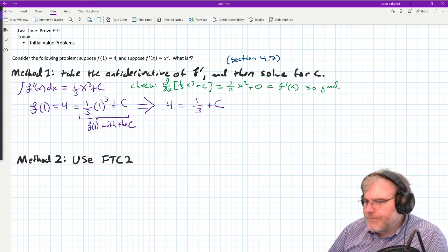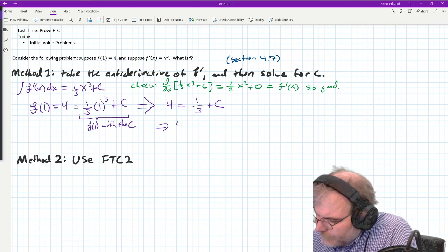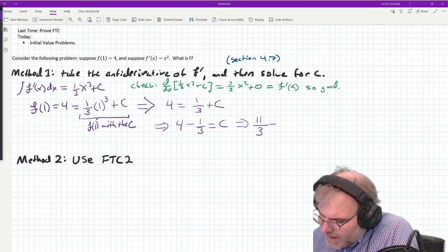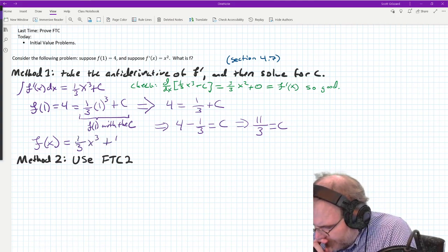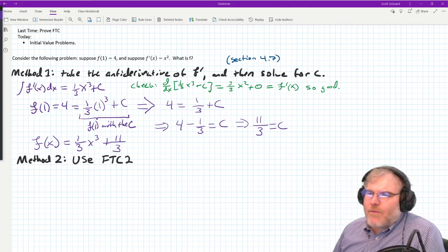Well, I solve for C. And 4 minus, that's 11 over 3 equals C. So f of x equaled 1/3 x cubed plus 11 over 3. Okay. How do we feel about that, 1 to 5?